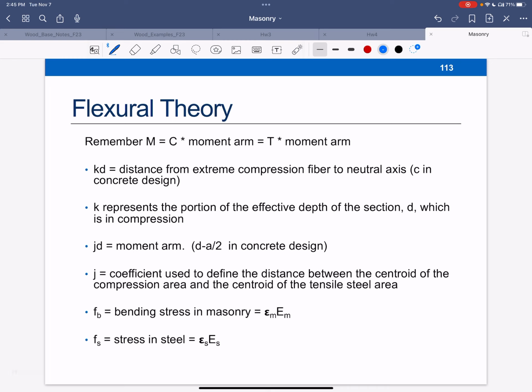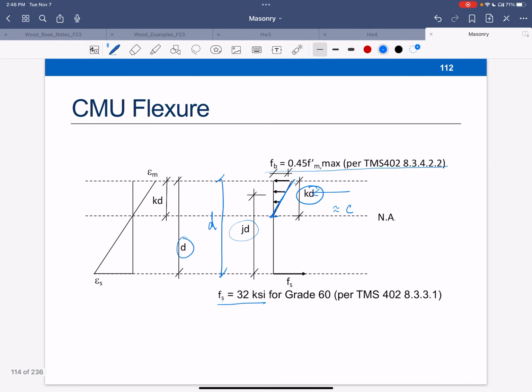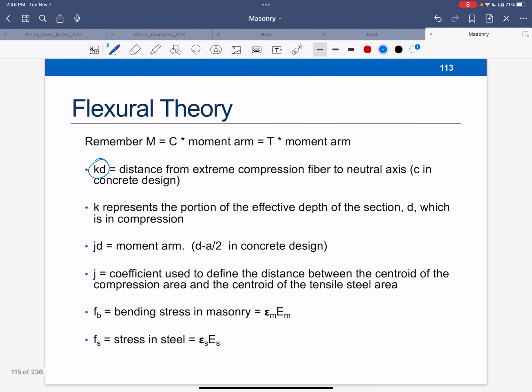All right, so it's still true that moment is C times the moment arm equals T times its moment arm. Right, so the D minus A over 2, all the stuff we've done for concrete, these things are still true. I'm just going to use a little bit different terminology. So we've got the KD I showed you on the other drawing. The K is the portion of D which is in compression. Okay, so it's just giving me the percentage of D that's in compression.